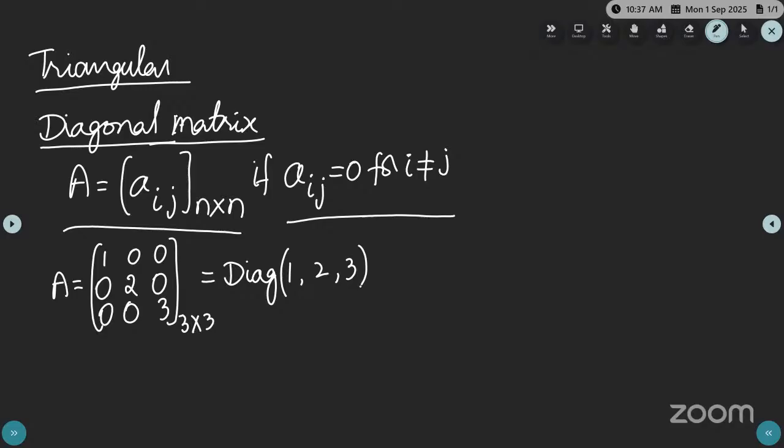If all the elements in the principal diagonal are equal and not equal to 0, say a non-zero scalar, we call it a scalar matrix. Write down. Scalar matrix.